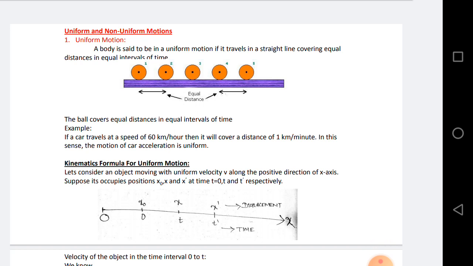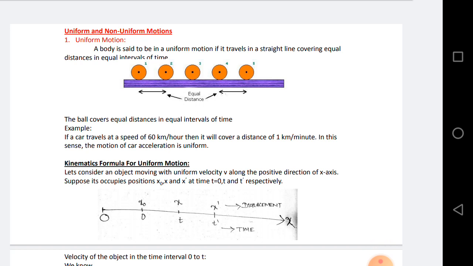In uniform speed the body covers multiple distances which have the same dimension, that means their values are the same, in the same interval of time, whereas in uniform velocity the body travels and covers equal displacement in equal interval of time.